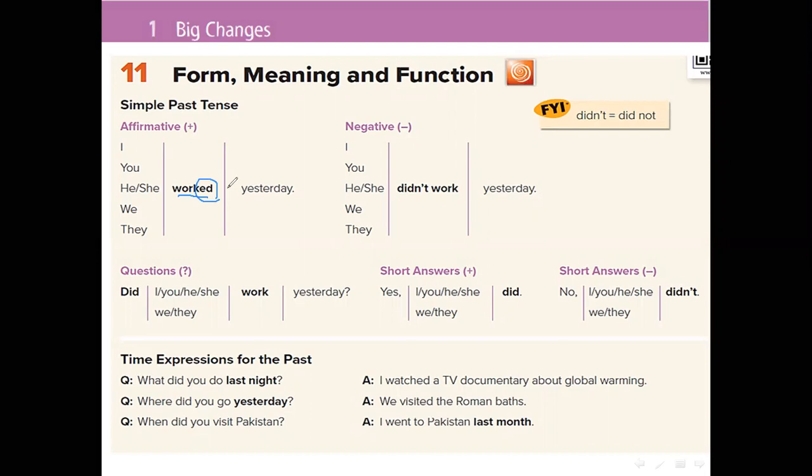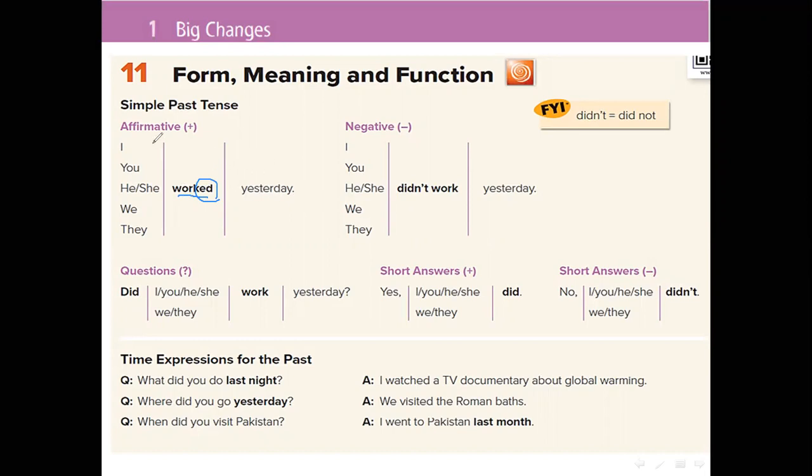Work, worked, help, helped, watch, watched. But there are some irregular verbs like go, went, see, saw, is, was, okay? The past form will be used for all the subjects, whether singular or plural. I worked, you worked, they worked yesterday.